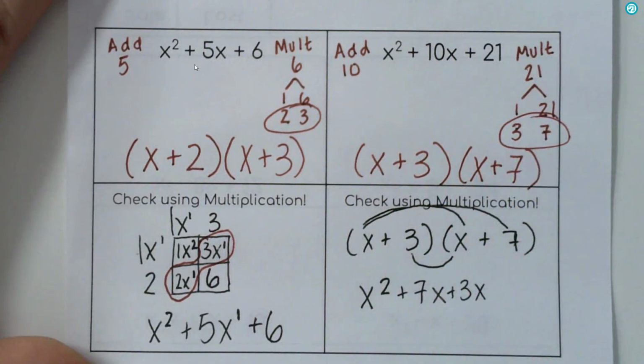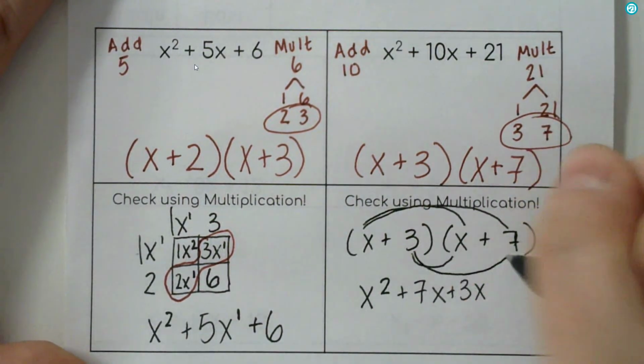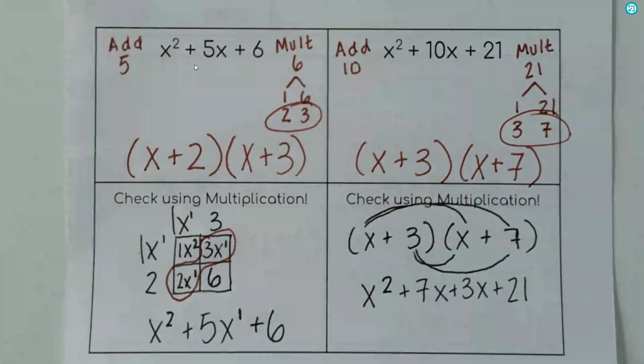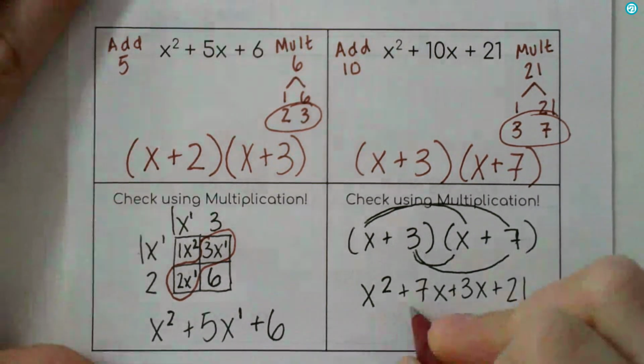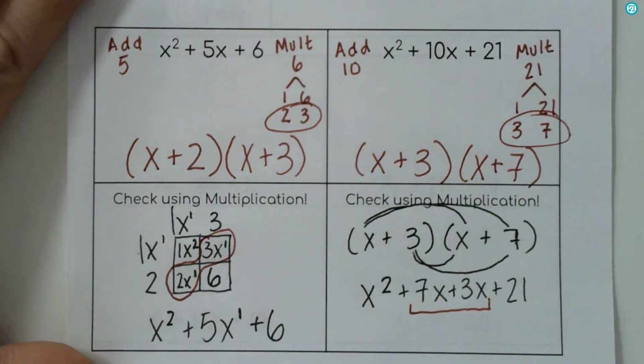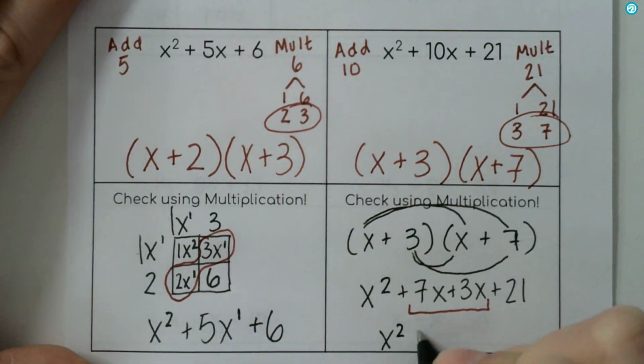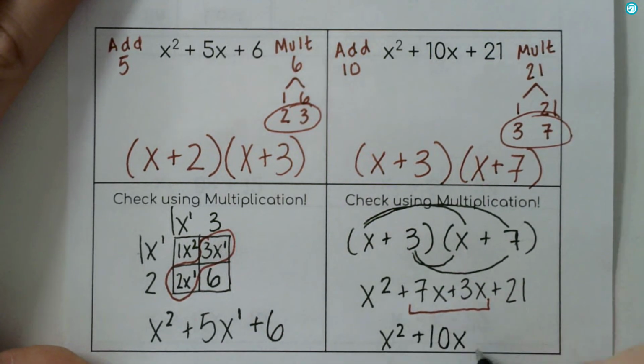And I would do 3 times 7, which is 21. So if you chose to not do the table and just distribute, that's what you would get. Then I would combine together my 7x and my 3x, and that would make my 10x. So I still have x squared, 7 plus 3 is 10x, and I still have my 21.